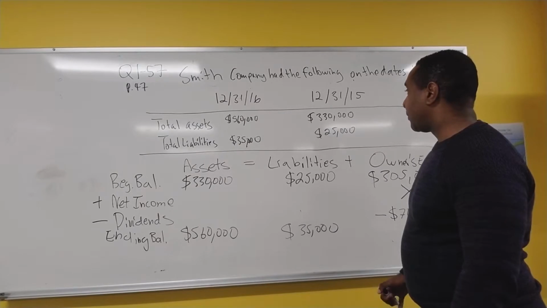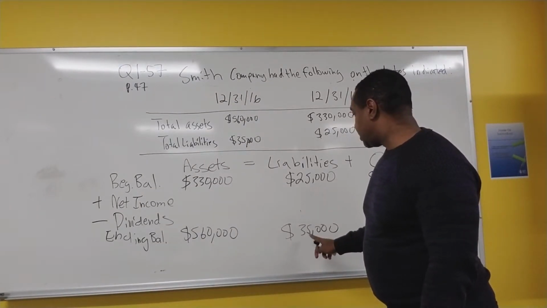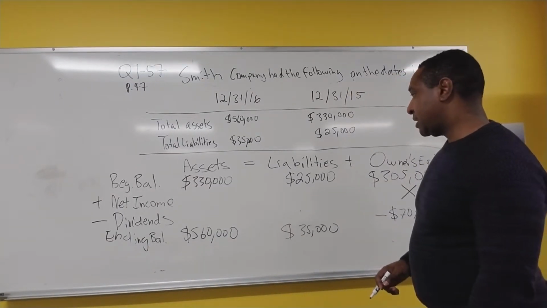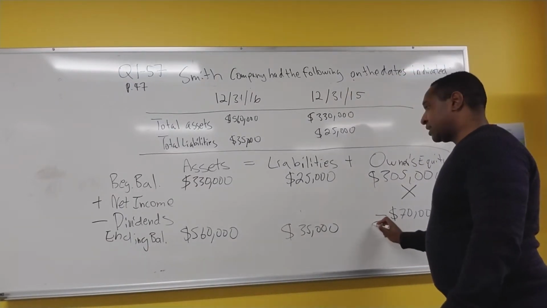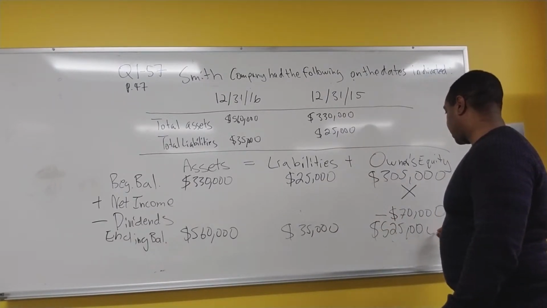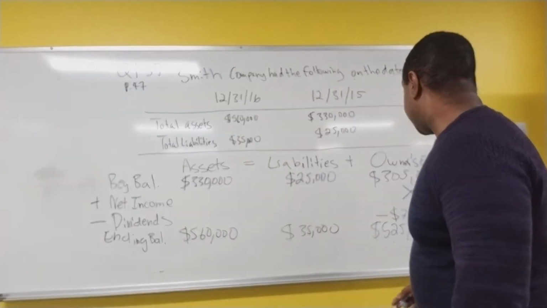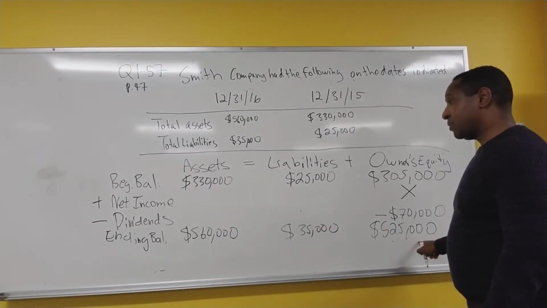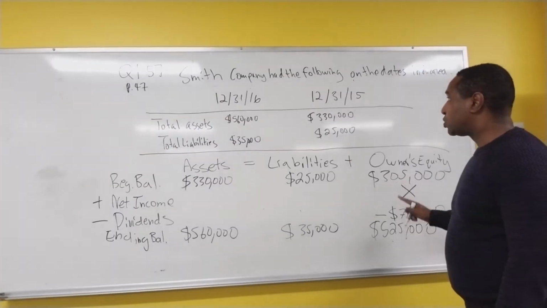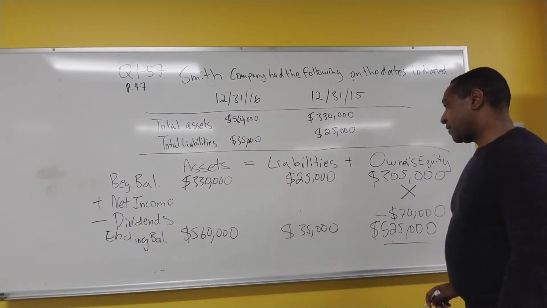So we've got to subtract this 35,000 from this 565,000. That gives us 525,000. This is the owner's equity that we have for 2016, so this is our ending balance of owner's equity.